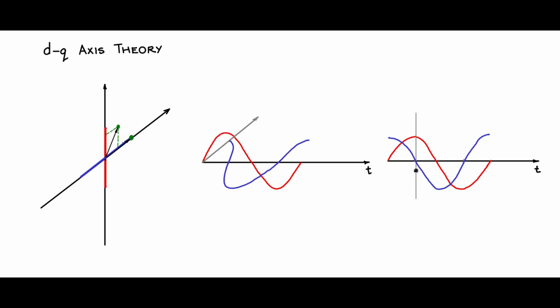Now I have moved this reference line further, and I see that here the cos time signal is at 0 at this point, and the sine time signal is at maximum.